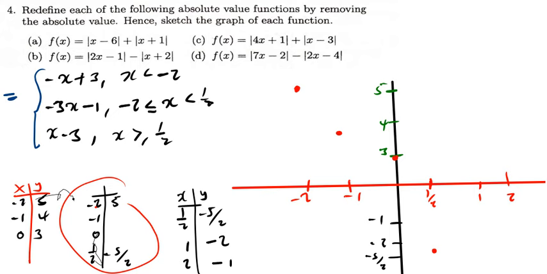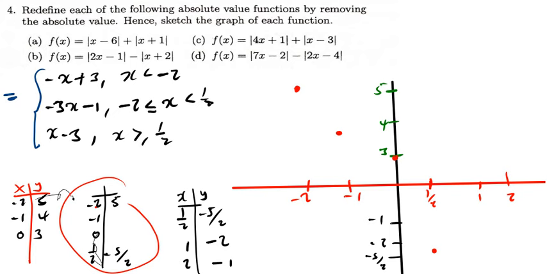And then what else do we have? So we have 1 over 2. Where is 1 over 2? 1 over 2, comma negative 5 over 2. 1 over 2 is here, comma negative 5 over 2, which is here.